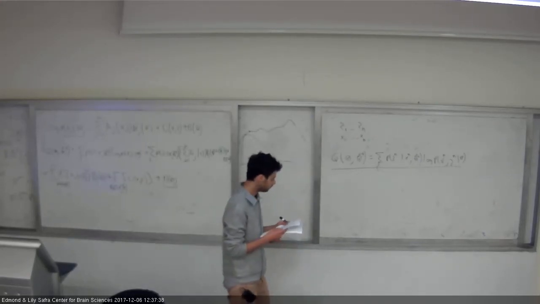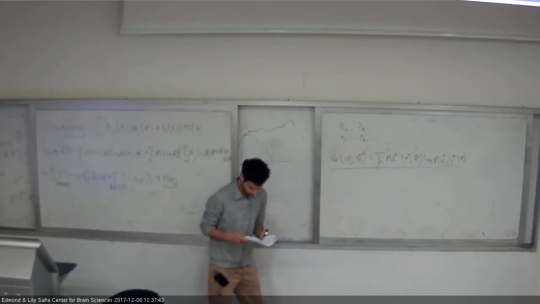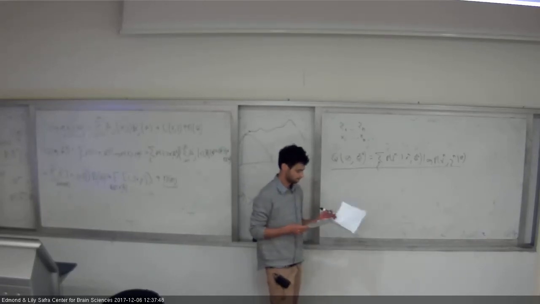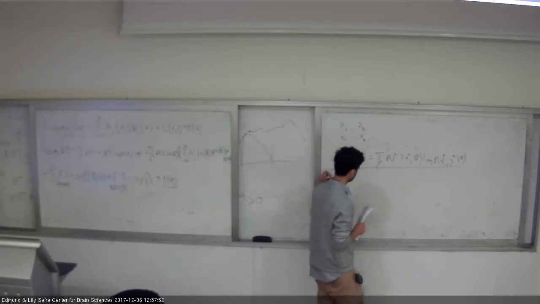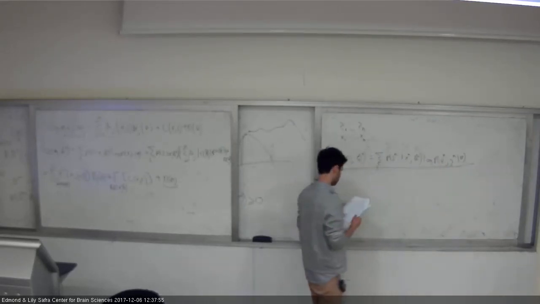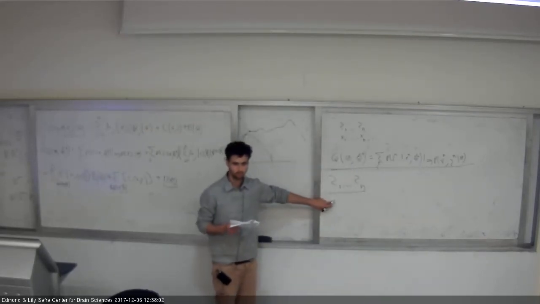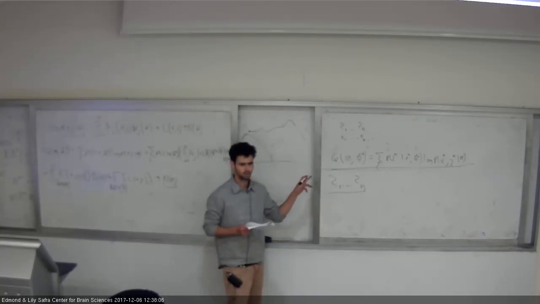So first of all, let's go over all and clarify some notations. If I have Z1 to Zn, it's a sequence of random variables. What's the difference between this and the previous example?